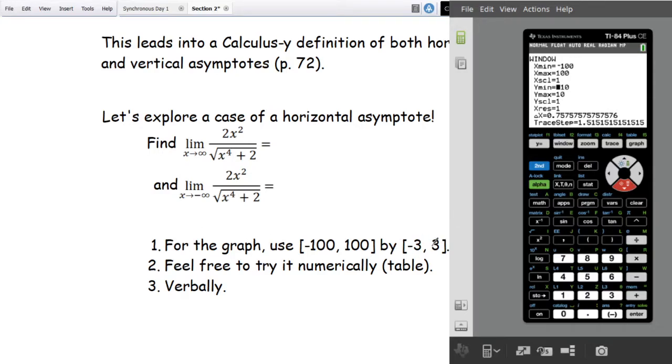I'm referring to that as my y min, so negative 3, and my y max positive 3. I might make my x scale something other than 1 so that I don't have to count from negative 100 all the way up to 100 by 1s. Let's count by 10s. And now I'm going to graph. Remember, we're trying to analyze what is our horizontal asymptote.